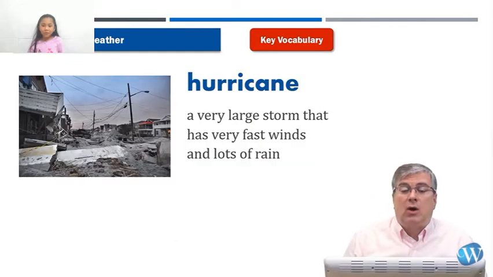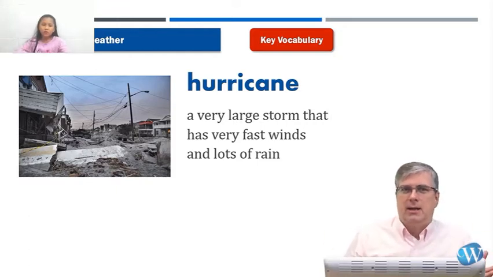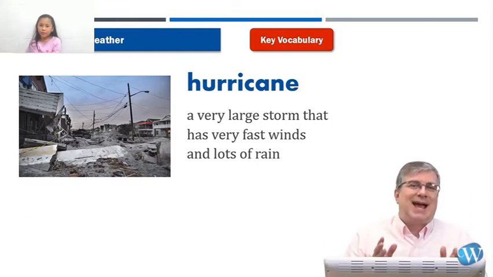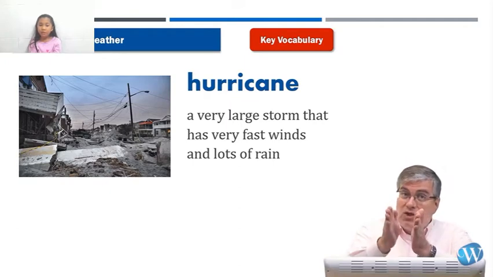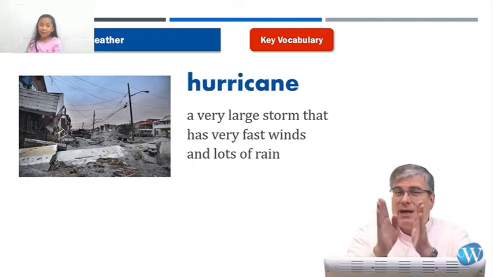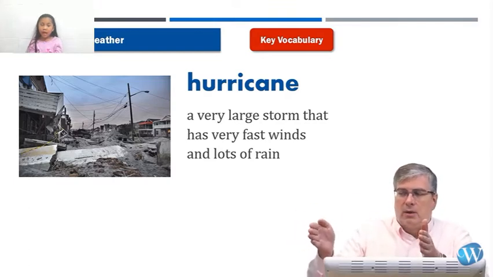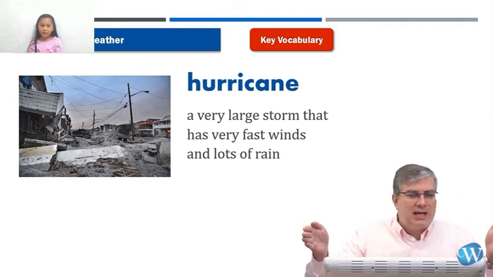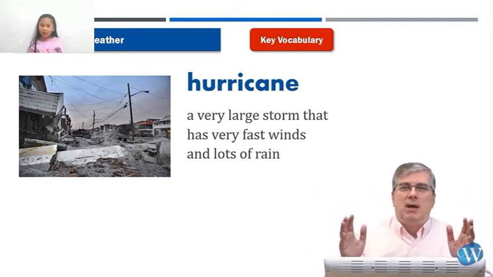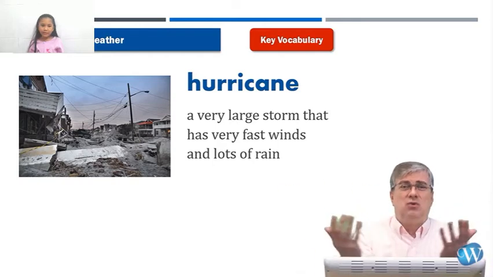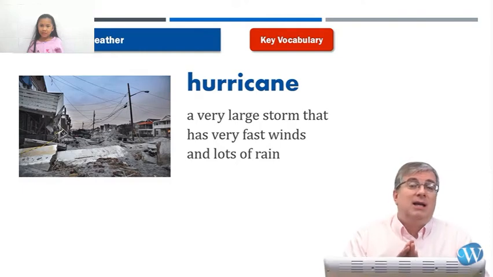Okay? Well, a hurricane is a very large storm that has very fast wind and a lot of rain. But it's a very large storm. It has very fast winds, right? A hurricane and a lot of rain too. Well, that can make a lot of damage. And it can flood all over, with lightning and thunderstorms, right? All around that place.